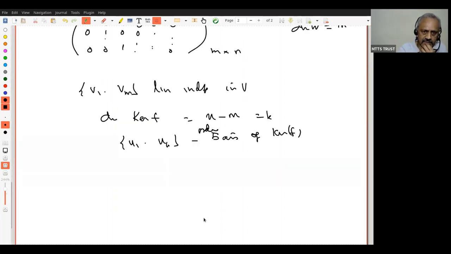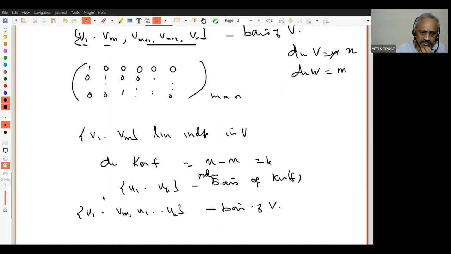By rank nullity theorem, we know then V1 to Vm, U1 to Uk is an ordered basis of V. Right? Therefore, if I look at the image, f of u1 will be 0, f of u2 will be 0, f of uk will be 0.